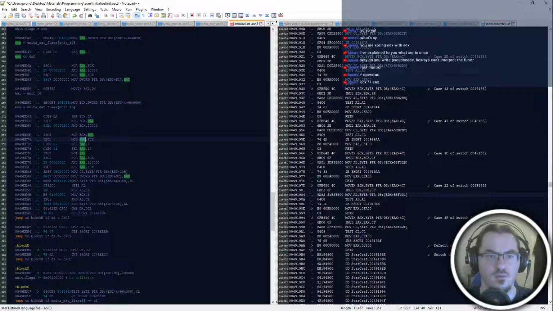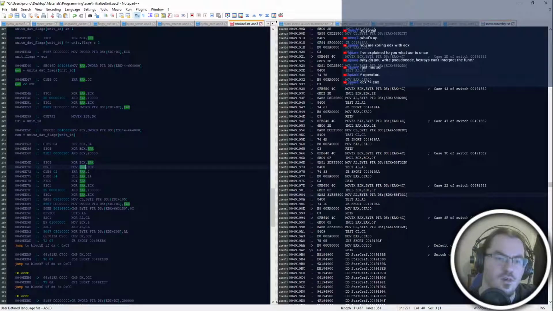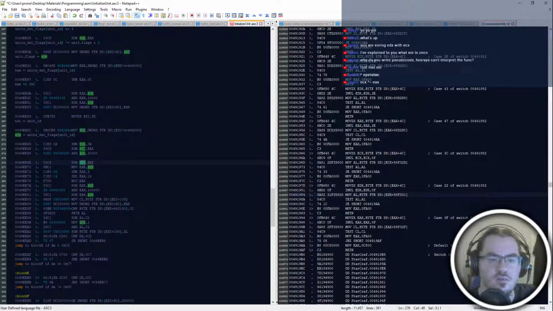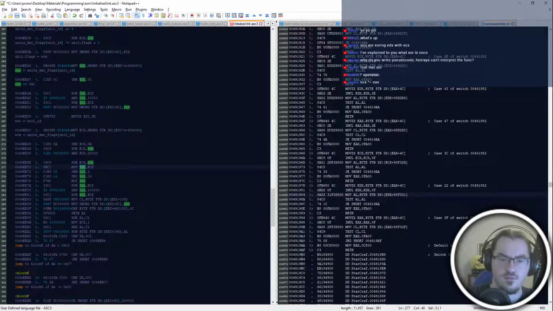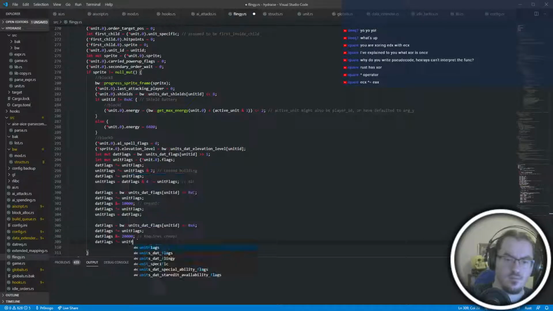So then we do, wait, what? Oh shit, I just realized. Oh wait, no, that's fine. But so we do ECX all this time, but then what is EAX defined as? I guess it's the flags, so then flags.